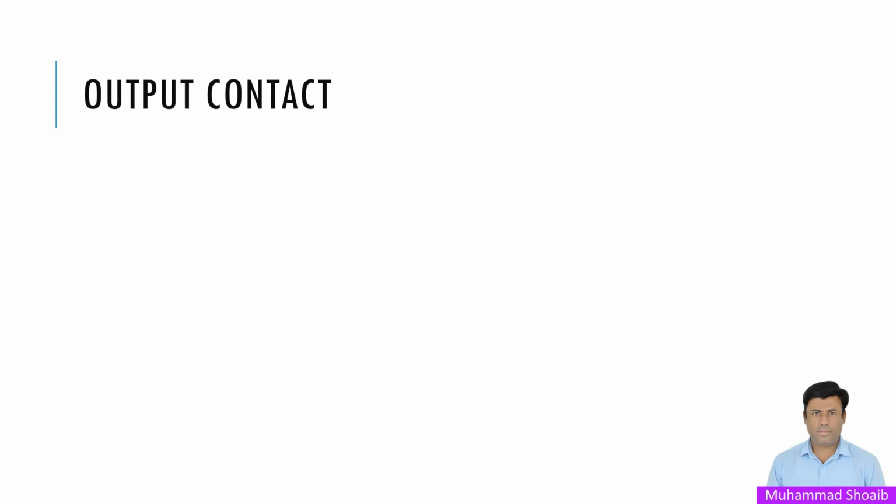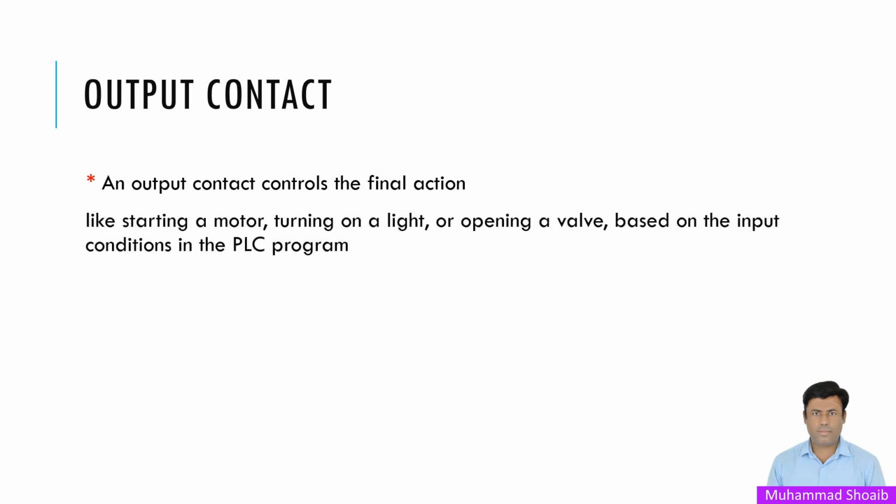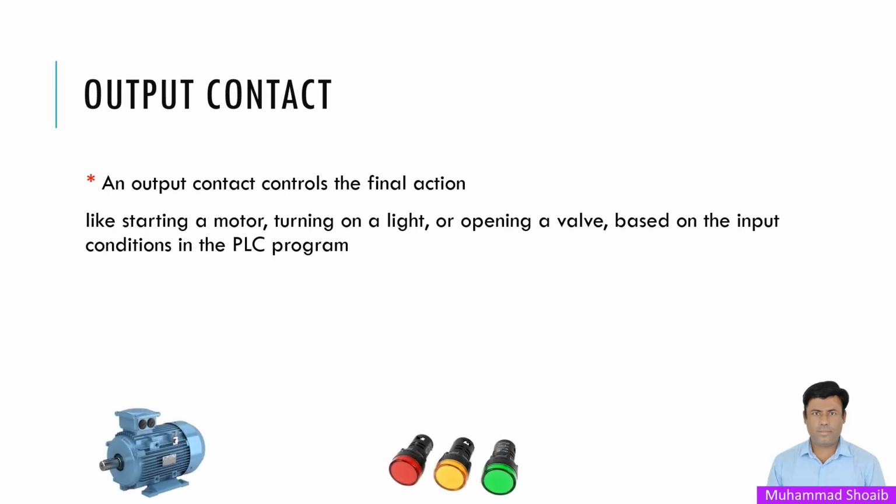Similarly, the output contact controls the final actions, like starting a motor, turning on the lights, or opening a valve based on the input condition in the PLC program.